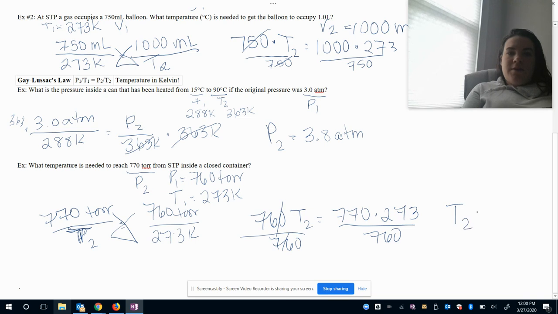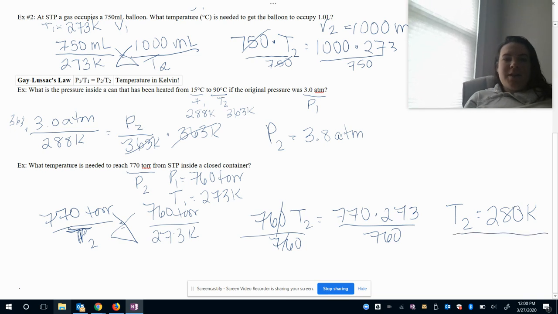And we get T2 equals, so this one will want 2 sig figs, so that would be 280. Calculator says 277. We would want 2 sig figs.